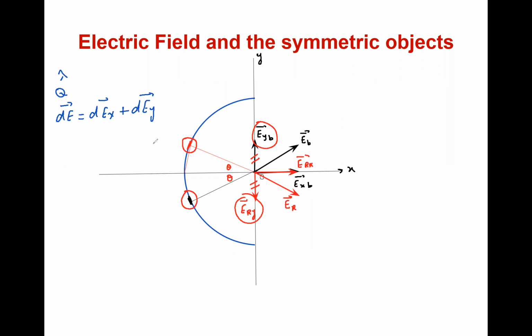In this way, we cancel the y component and keep the x component. And you can write dE equal dEx as magnitude, with dEx in the positive i direction.